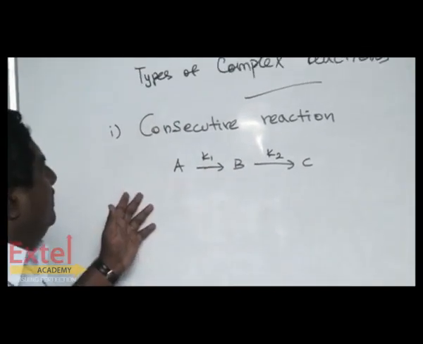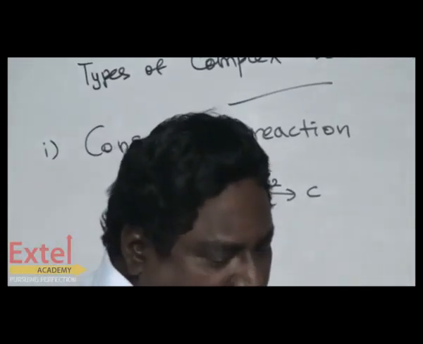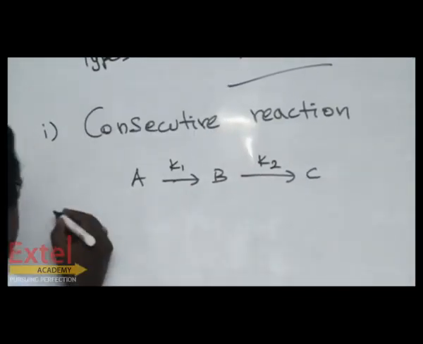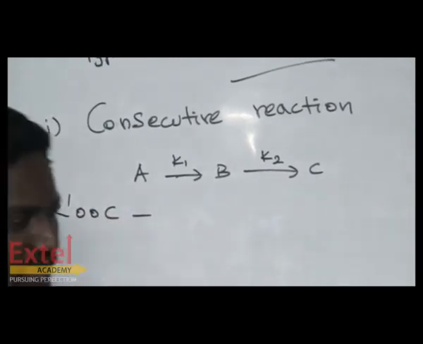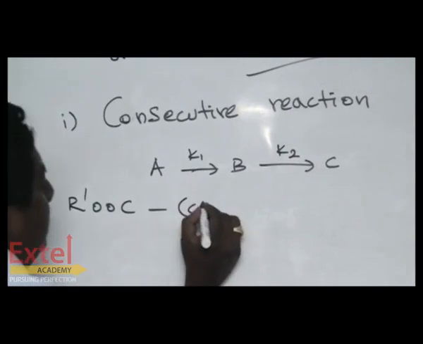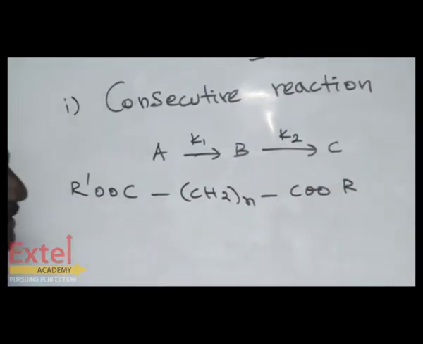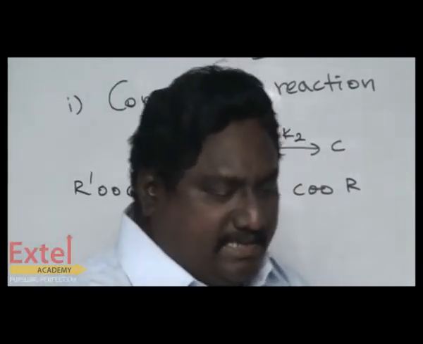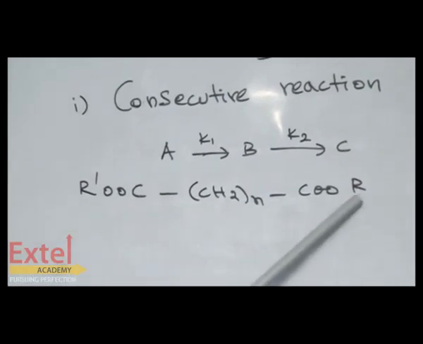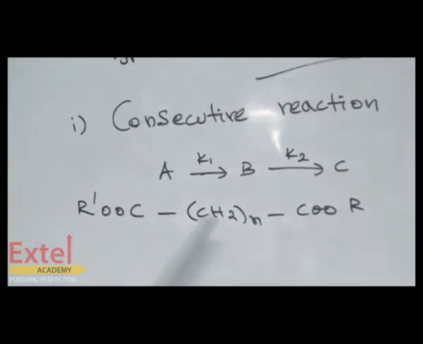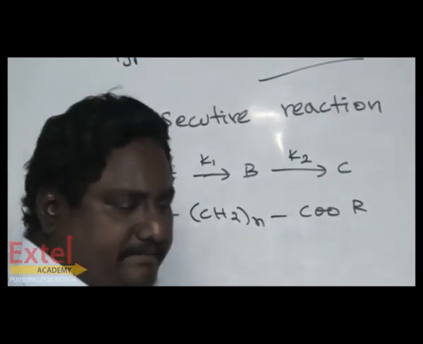This is called a consecutive reaction. The example is, suppose one particular chemical is like this. The CH2 has been repeated n times. It has two ester groups. RCOO group is called ester. So it is called a diester.